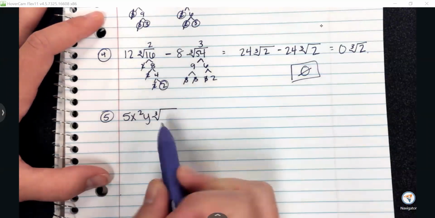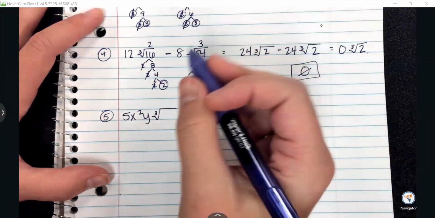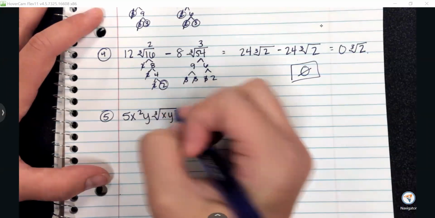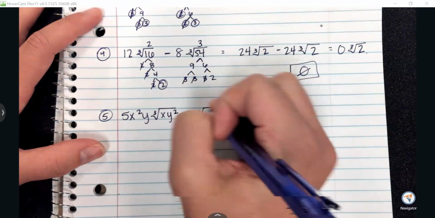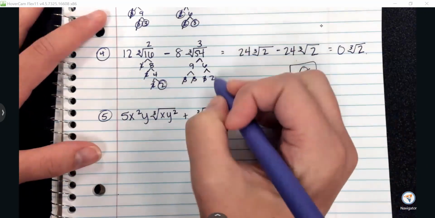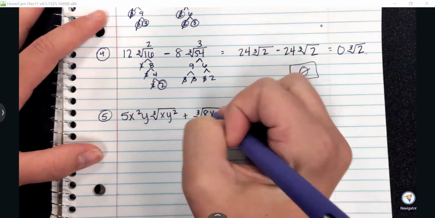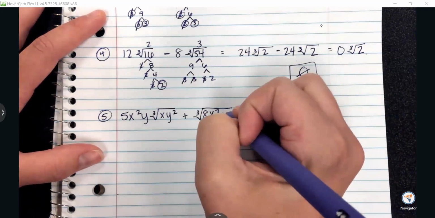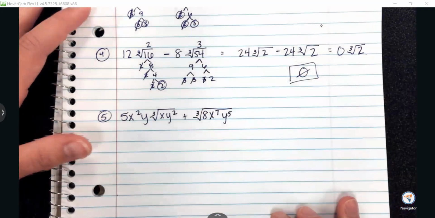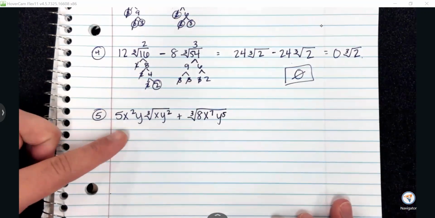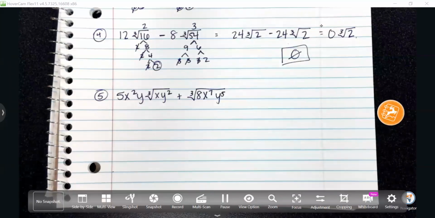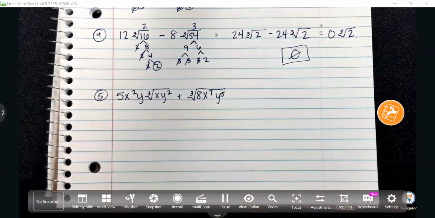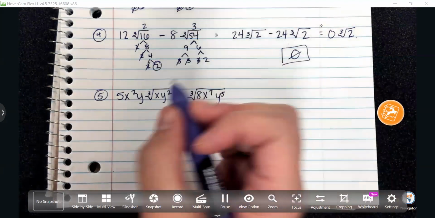Make sure that cube is your root, not with the y, of xy squared plus the cube root of 8x to the 7th, y to the 5th. So does the first one break down at all? No, but the second one does. So break down your second one and get a new answer.